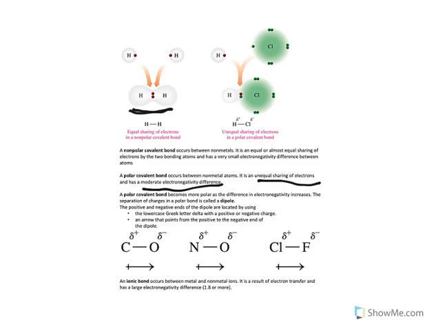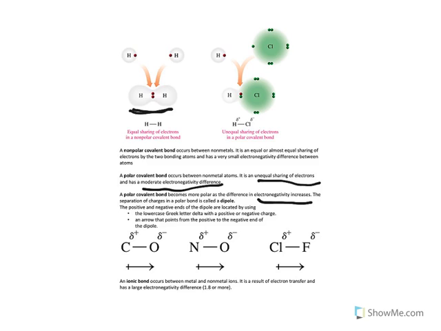In an ionic bond, which is typically between a metal and a nonmetal, the difference in electronegativity is larger. We have a separation of charges that we call a dipole, meaning 2 poles. You can think of it like a magnet with a north pole and a south pole, only in this case we have a positive charge and a negative charge.